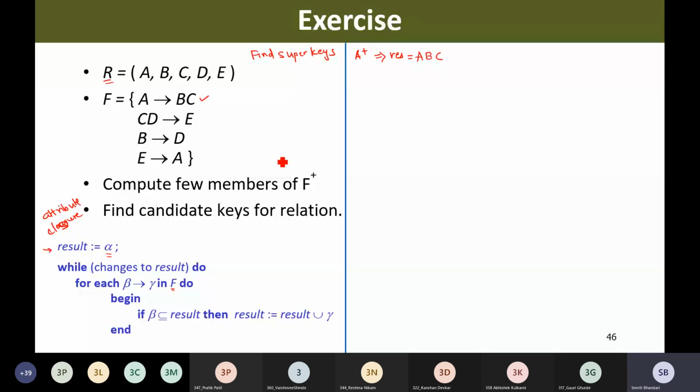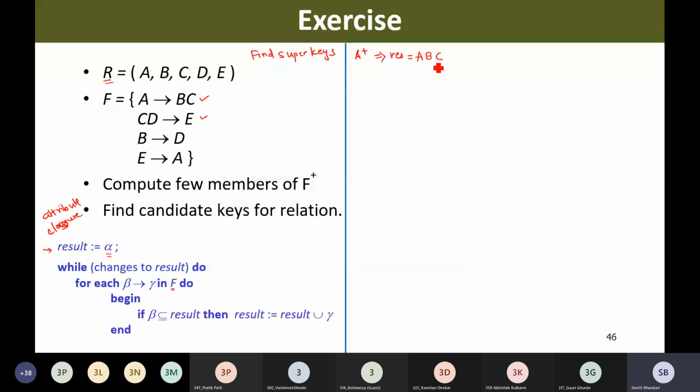What next? I'll pick up the next functional dependency, CD to E. Is CD a subset of this result? No, CD is not a subset of the result.